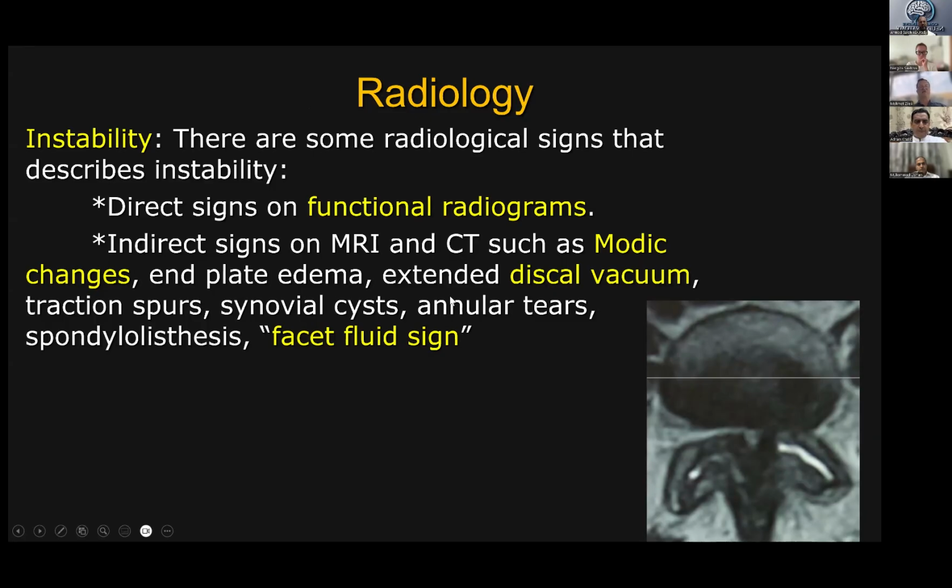But in addition, especially in MR, Modic changes, end plate edema, extended discal vacuum or air inside the disc, traction spurs, synovial cyst, annular tears, listhesis, or facet fluid sign, like you see in this axial image. These are additional indirect signs of instability.